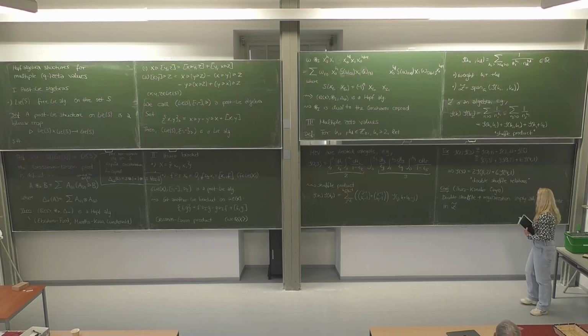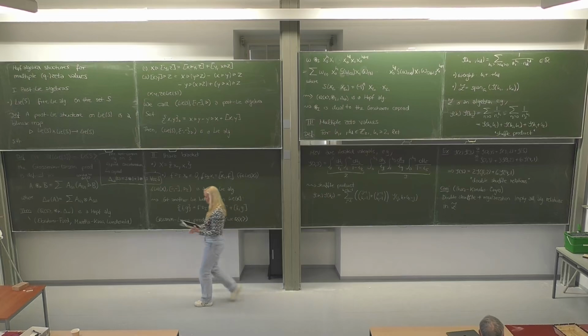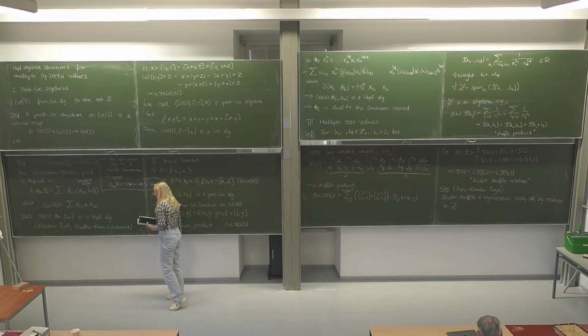Okay, but what I want to do now is mainly using this conjecture, because this suggests to me a Lie algebra structure, or maybe a space where I have a Lie algebra structure on.